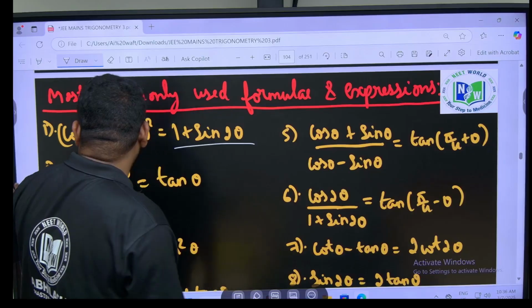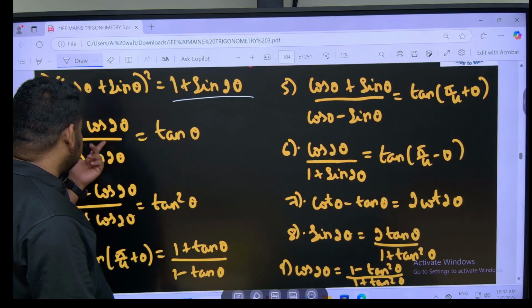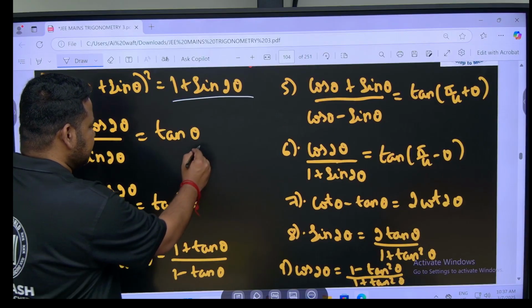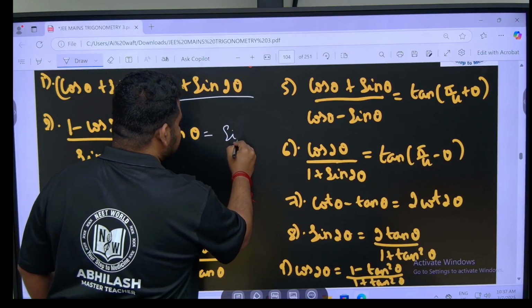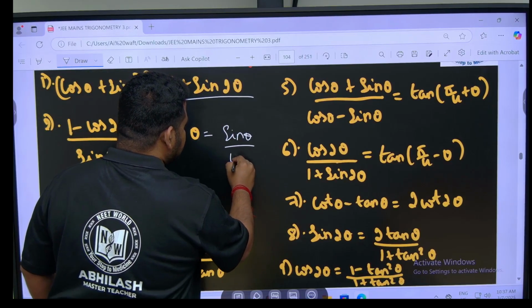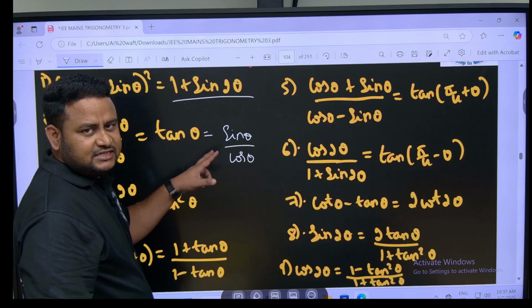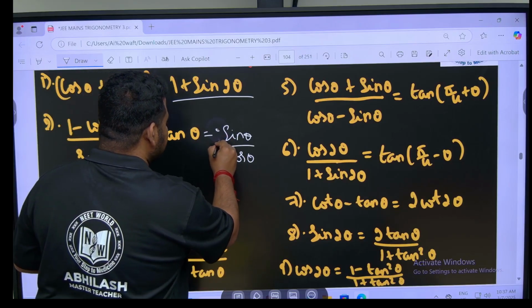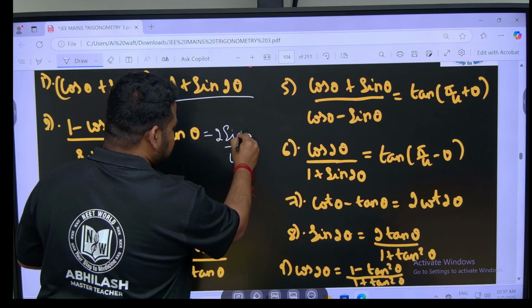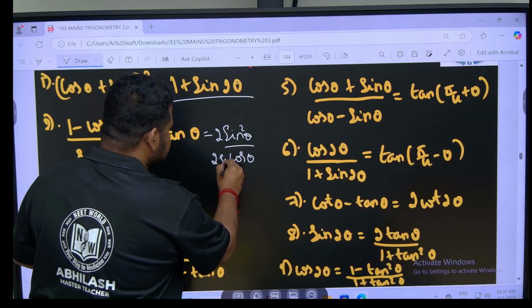Got it, friends? Next, 1 minus cos 2 theta by sin 2 theta. We know that tan theta is nothing but sin theta divided by cos theta. For both numerator and denominator, I will multiply by 2 sin theta. Multiplying by 2 sin theta, sin theta becomes 2 sin square theta, and the denominator becomes 2 sin theta cos theta.